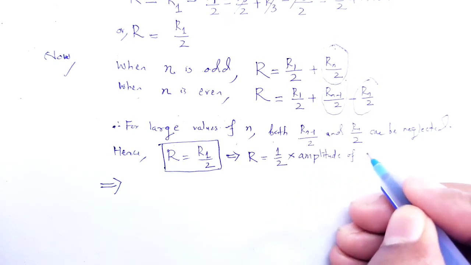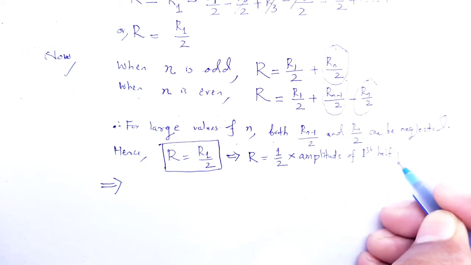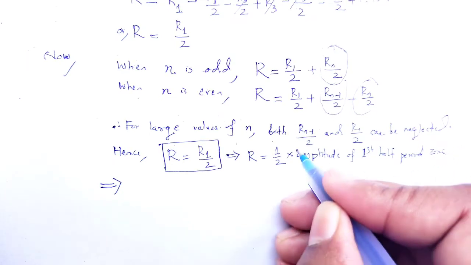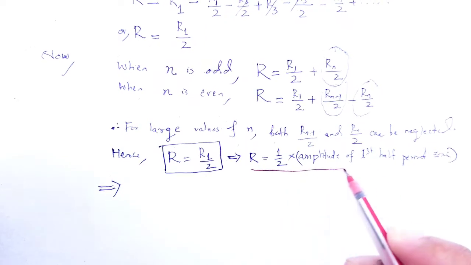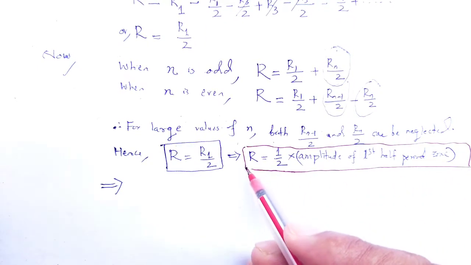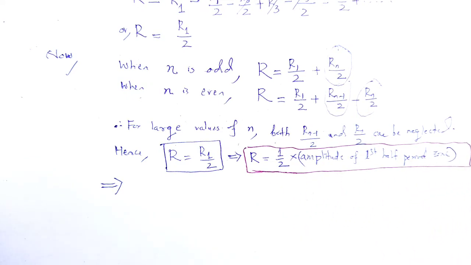So, the resultant amplitude at point P is nothing but half of the amplitude of the first half period zone.